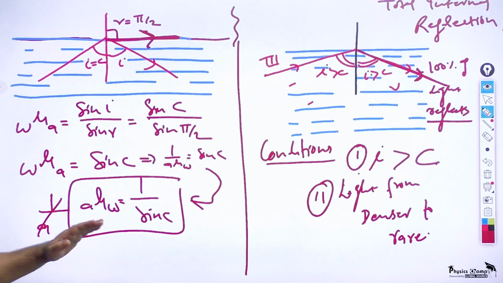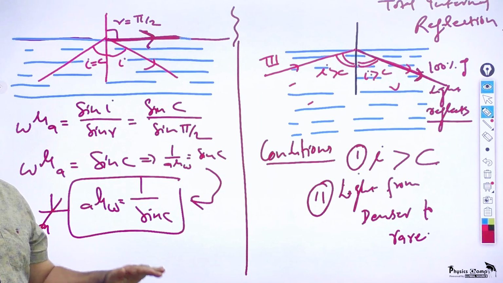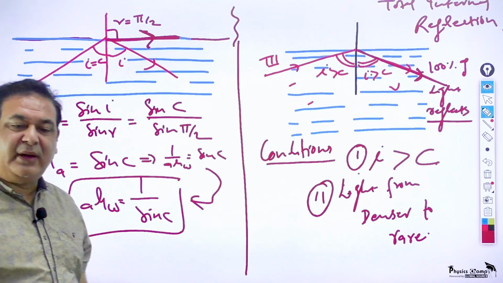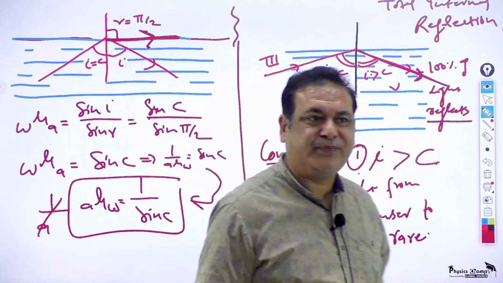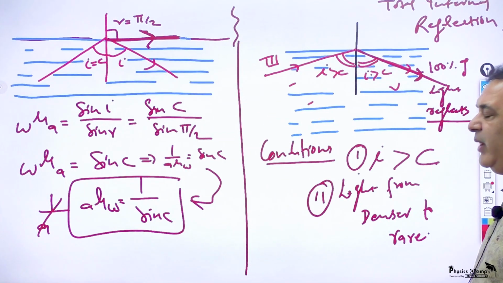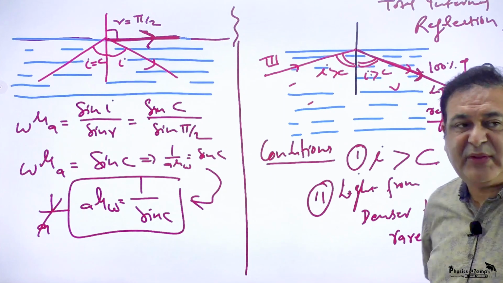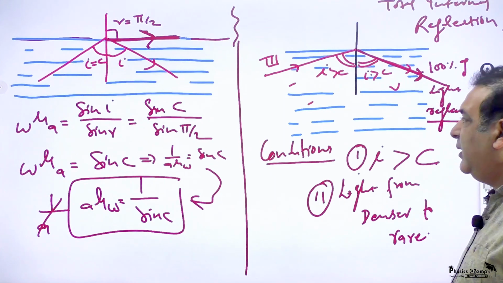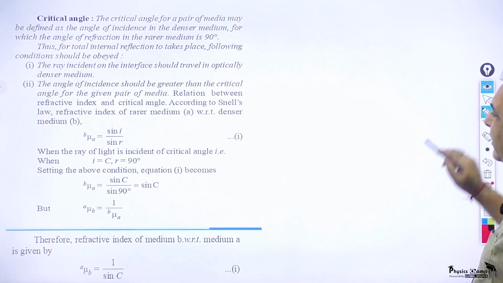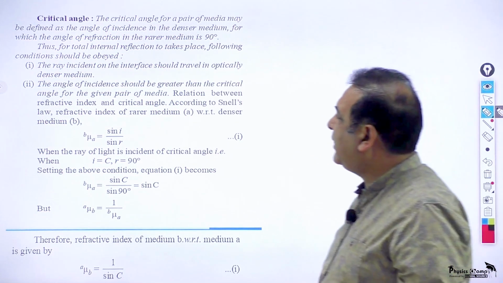So if you know the refractive index of a denser medium, you can always calculate the critical angle. And that relation is A mu W, or the refractive index of that denser medium with respect to the rarer medium, is 1 by sin C. So it is all available in the form of text.